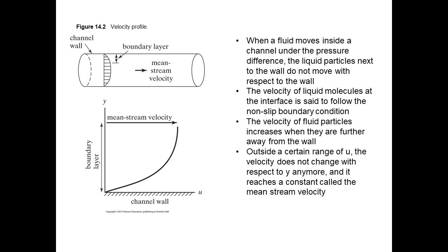The velocity of fluid particles increases when they are further away from the wall. So let's say in the middle, it is the fastest. The velocity of the fluid particle will be the most. Outside a certain range, the velocity doesn't change anymore, and it reaches a constant called the mainstream velocity.